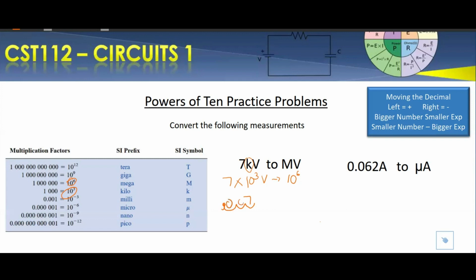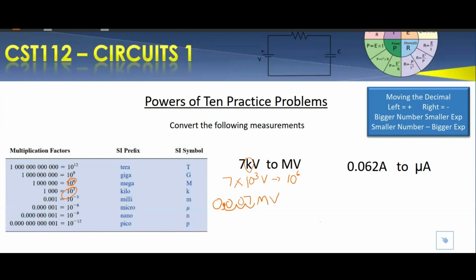And so we can put our zeros right there. And so therefore we have converted 7 kilovolts to 0.007 megavolts.